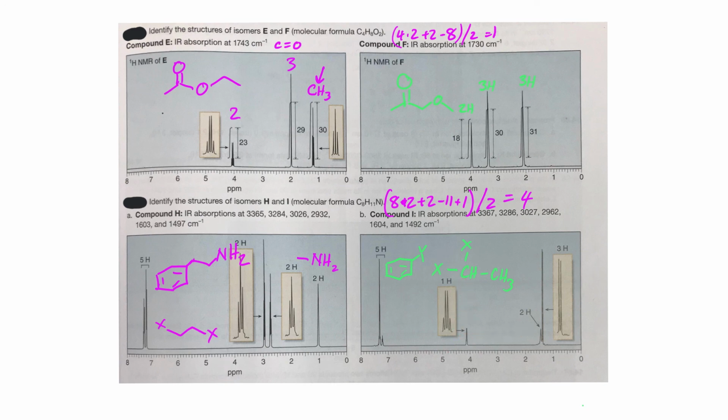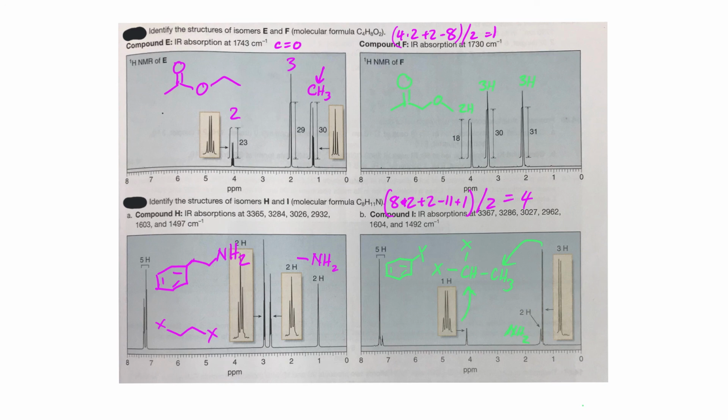And then I have what looks like two signals very close in chemical shift. A 2 hydrogen looks like a singlet, and then a 3 hydrogen doublet right here. This 3 hydrogen doublet is very likely that methyl group, because we would expect that methyl group to be a doublet. It's only adjacent to one H. And thus the 2 H's that are remaining most likely is another NH2 group.